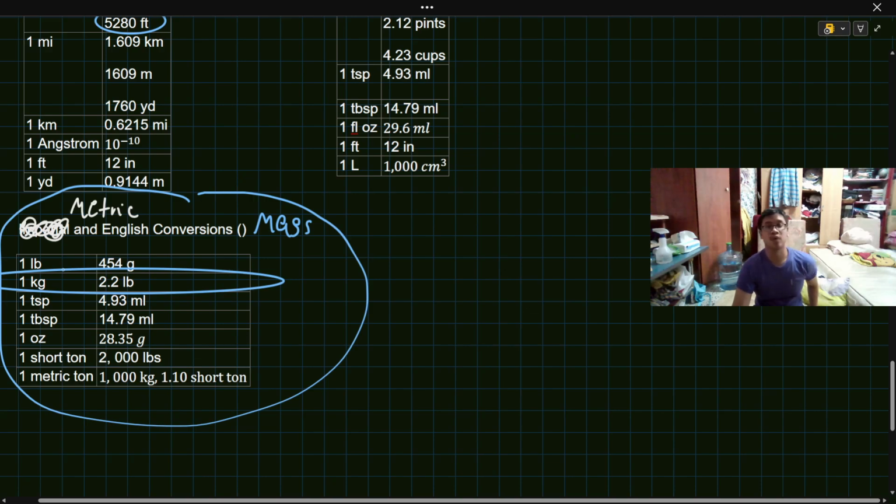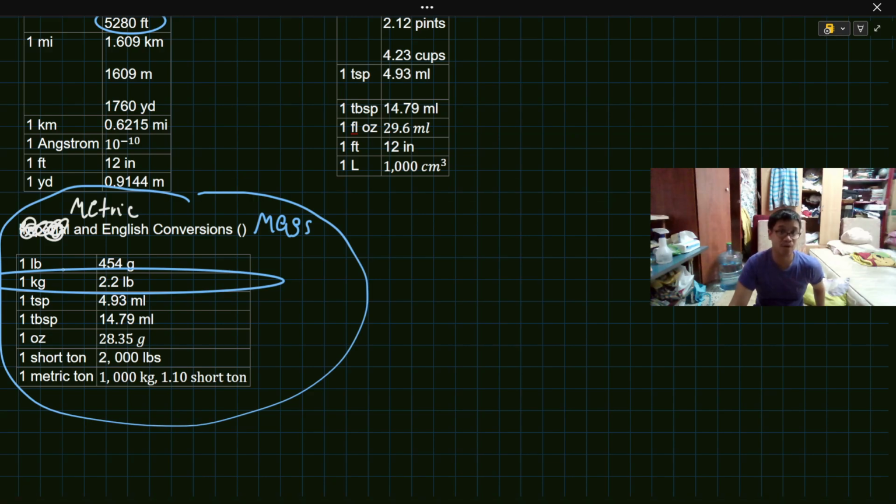For example, you want to know how much weight you gain or lose. So there you have a weighing scale, and there are moments where the weighing scale is in kilograms or in pounds. So in case you have a weighing scale in pounds but you want to know in kilograms, you can use this one.